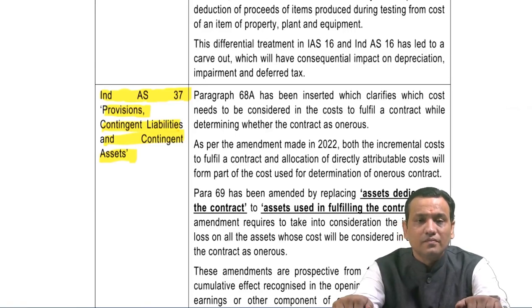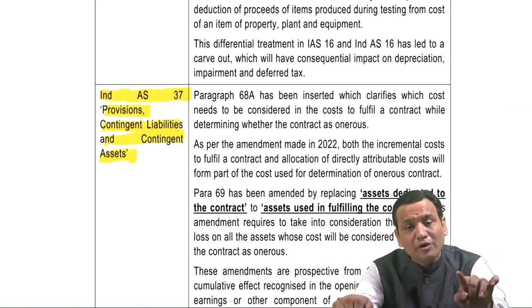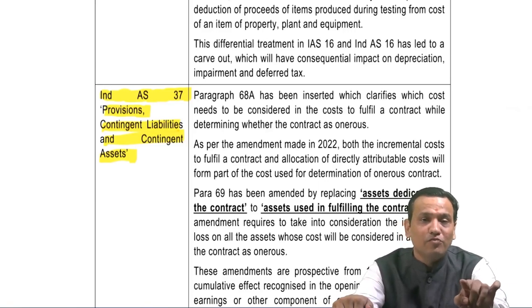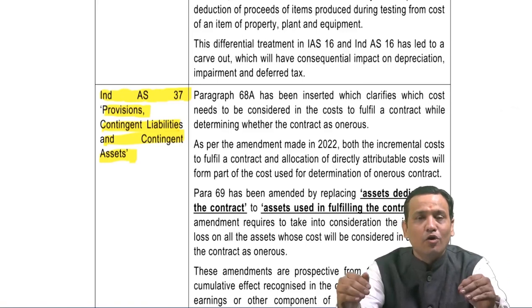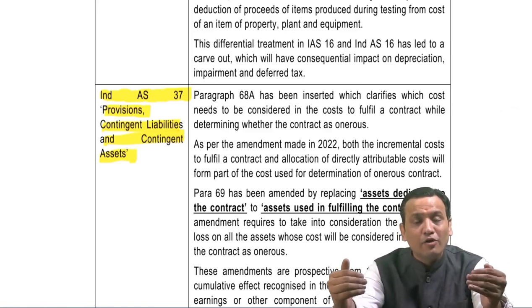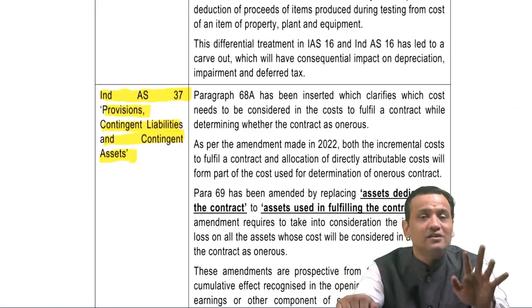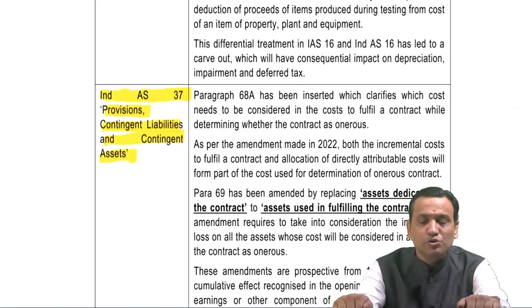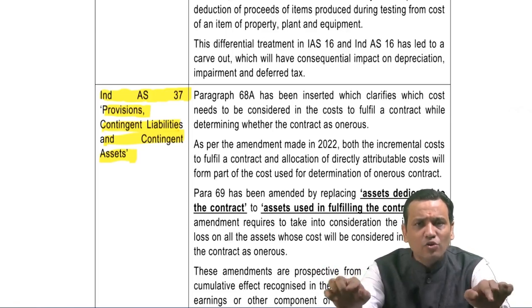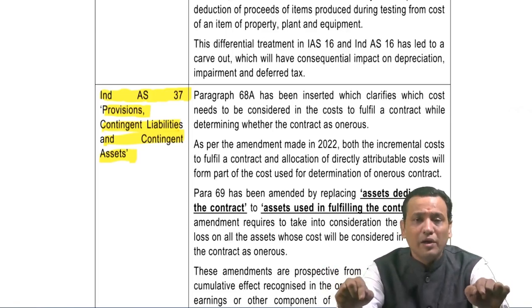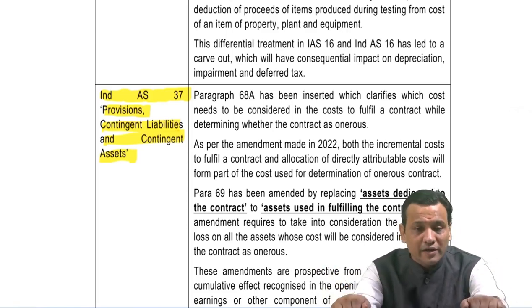Now, as per the amendment made, even directly attributable cost will form part of my unavoidable cost. Like, in order to fulfill a requirement or an obligation under a contract, I am using an asset. So, earlier, whatever the incremental cost of using that asset, we were including it in our unavoidable cost and creating provision with respect to it.